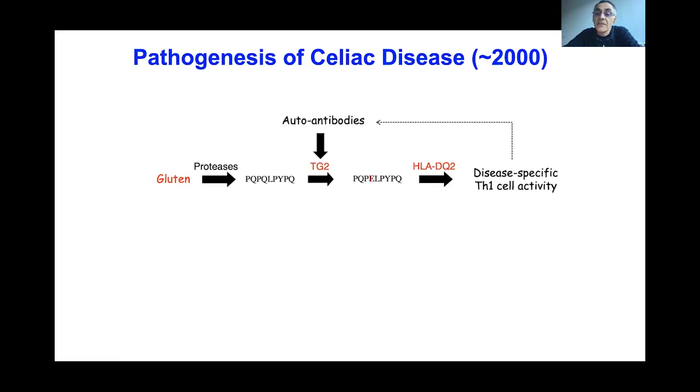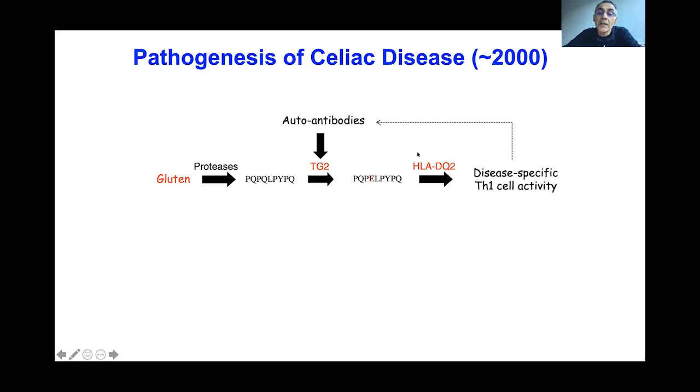These disease-specific T cells were activated by these peptides bound to a particular major histocompatibility complex protein called HLA-DQ2, which recognizes these gluten antigens and presents them to the T cells by well-established mechanisms.